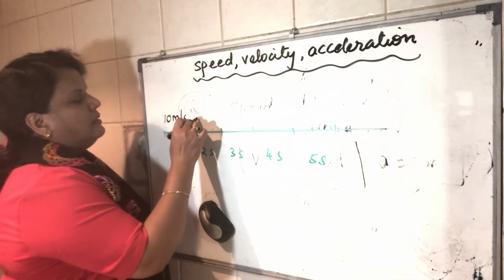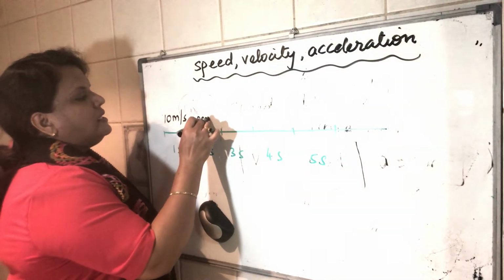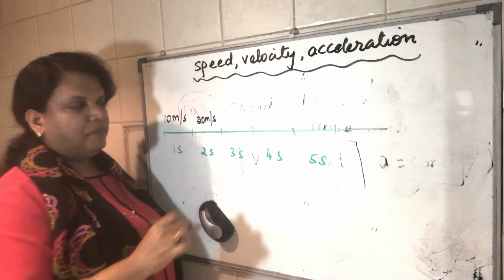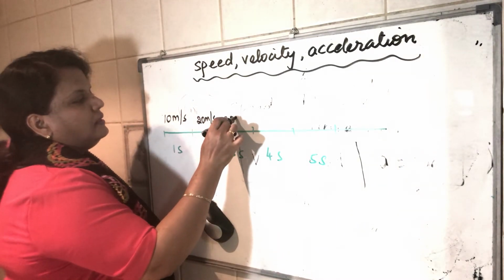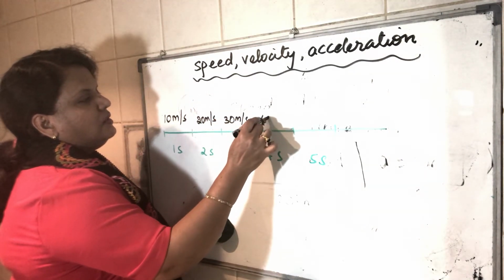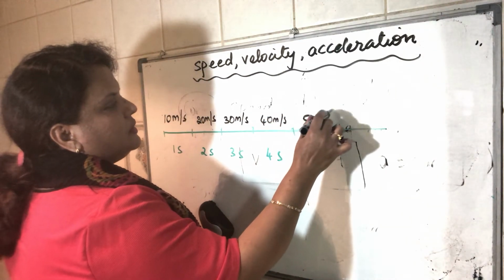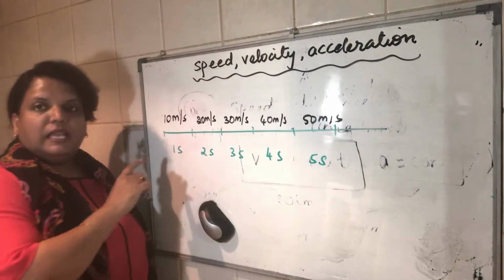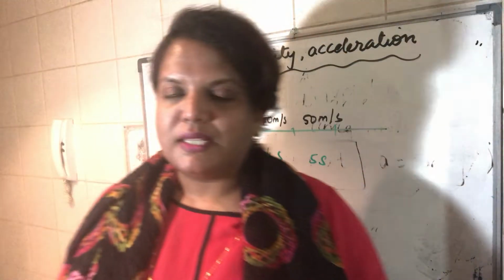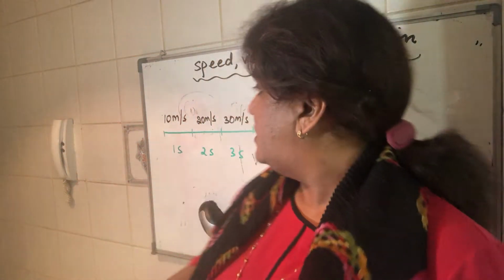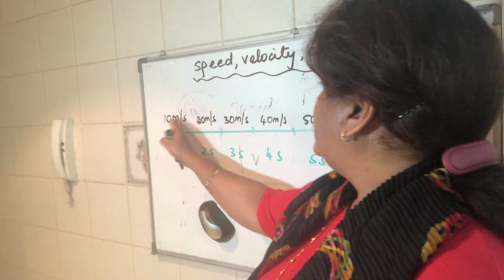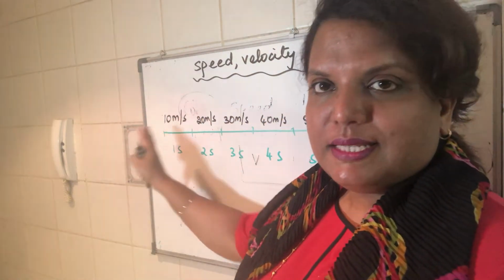Now for the second second it is traveling at 20 meters per second. Third second it is 30, fourth is 40, fifth is 50 meters per second. Now, is the object maintaining constant speed? No, the speed is changing. It increased from 10 to 50. It's a steady increase.